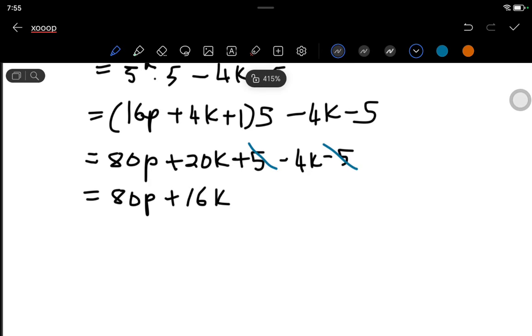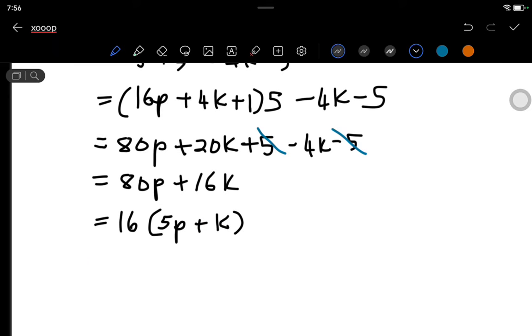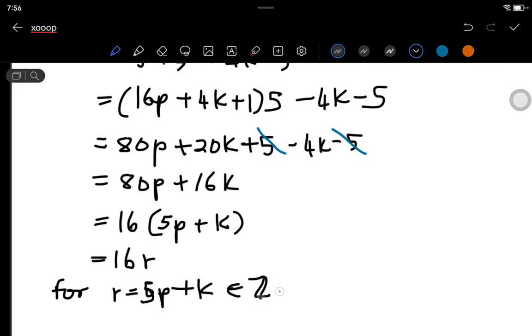Now we factor out 16, because we're looking to show that this is 16r. When we factor out 16, we know that 80 divided by 16 gave us 5, so here we'll be left with 5p plus k. Then we replace this by r, for r equals 5p plus k, which is an element of an integer.